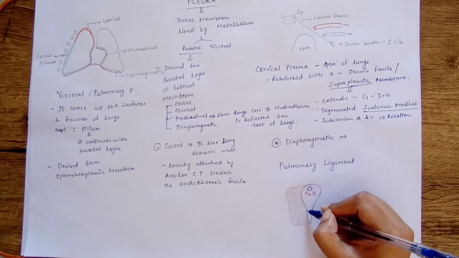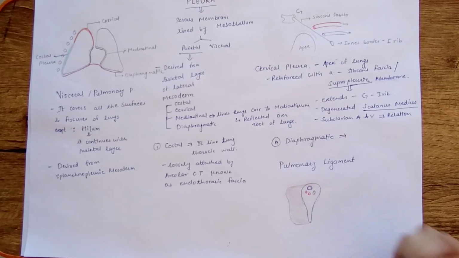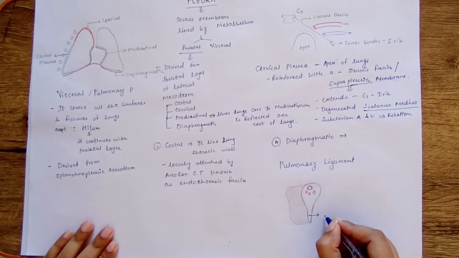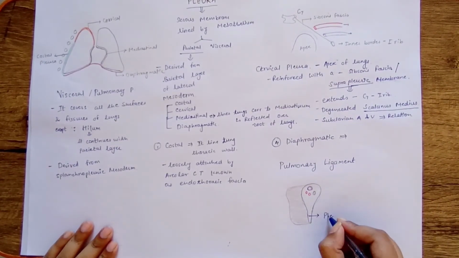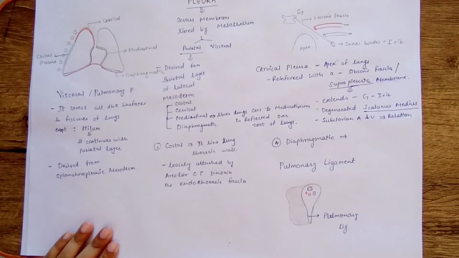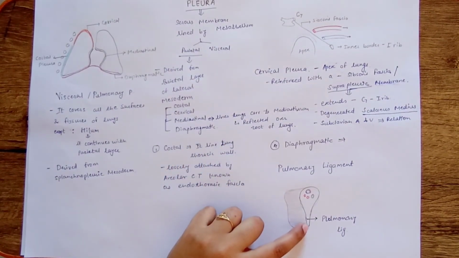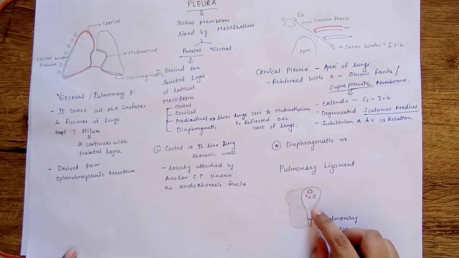This pleura extends downwards beyond the root of the lung, and this is known as the pulmonary ligament. It is nothing but the extension of the mediastinal pleura beyond the root of the lung.